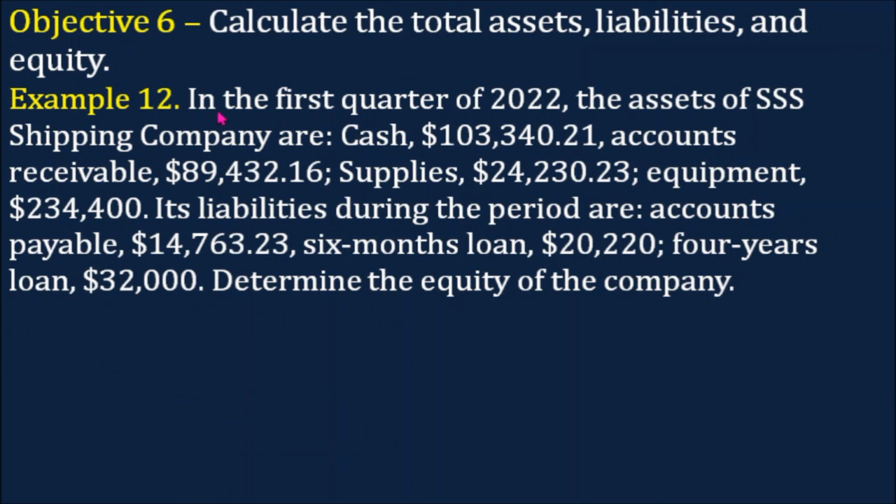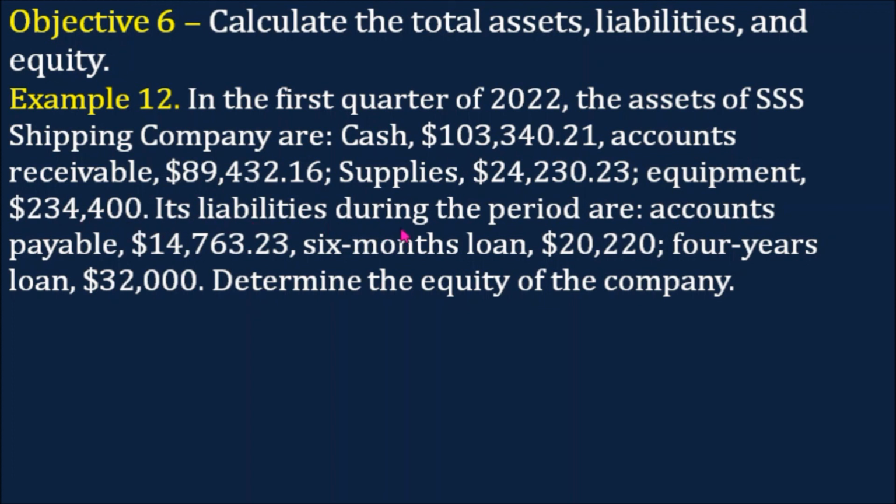Example number 12. In the first quarter of 2022, the assets of SSS Shipping Company are cash $103,340.21, accounts receivable $89,432.16, supplies $24,230.23, equipment $234,400.